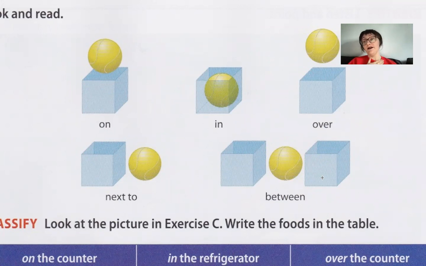I can say in my fridge, my eggs are on my, what are my eggs on? Oh, my eggs are on my chicken. I have my chicken in a box. So I can say, my eggs are on my chicken, right? They're on the chicken. I can say that my milk is next to my creamer.